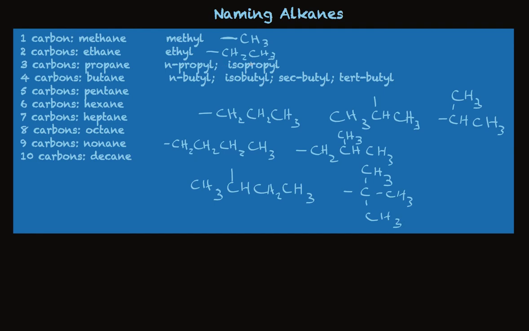If it has 3 carbons, there are 2 possibilities. It's either n-propyl, a straight chain with something attached here, or isopropyl, a chain with something attached in the middle. I have rewritten this isopropyl group in this form, and you'll see why in just a second. So these 2 structures are the same thing.